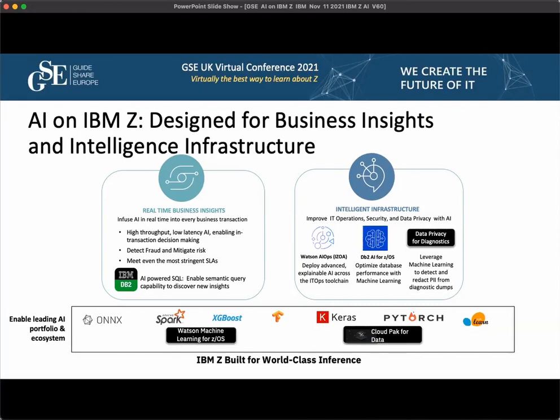A second pillar of our strategy is all about leveraging AI throughout the Z stack and within our IBM Z offerings to deliver an intelligent infrastructure and really bring unique value to the Z platform. We're leveraging AI for intelligent workload placement, for AI ops to enhance the resiliency of our clients' IT systems.